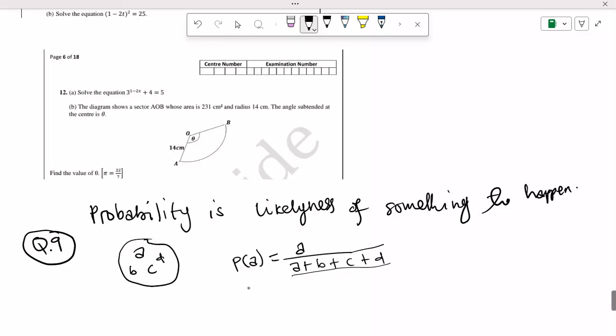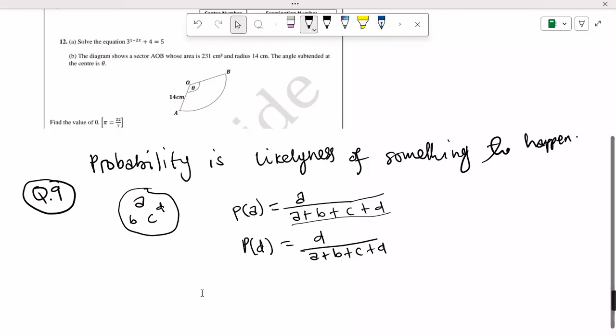There are a lot of formulas for this, but the simple definition is, if I say what is the probability of D, probability D is equal to that particular instance, D, over the total probability A plus B plus C plus D. For example, I tell you what is the probability of picking a 2. We know there is no 2 here, so it's 0 over A plus B plus C plus D.